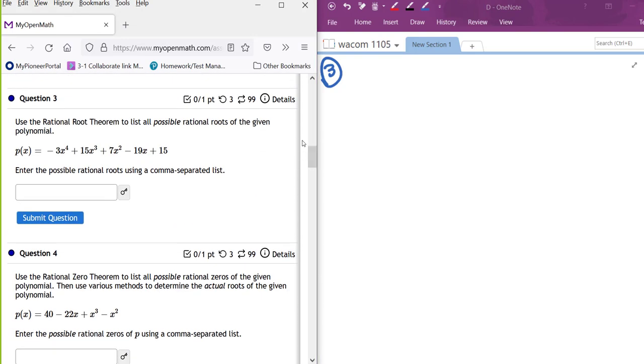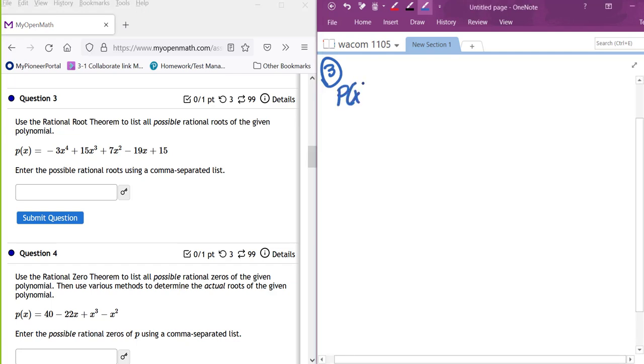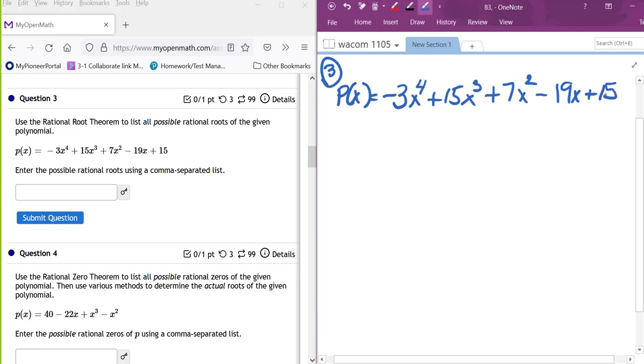And this one we have a different leading coefficient, so that's why I wanted to go ahead and do one more. So we have p of x equals negative 3x to the 4th plus 15x cubed plus 7x squared minus 19x plus 15. Right, same kind of question.